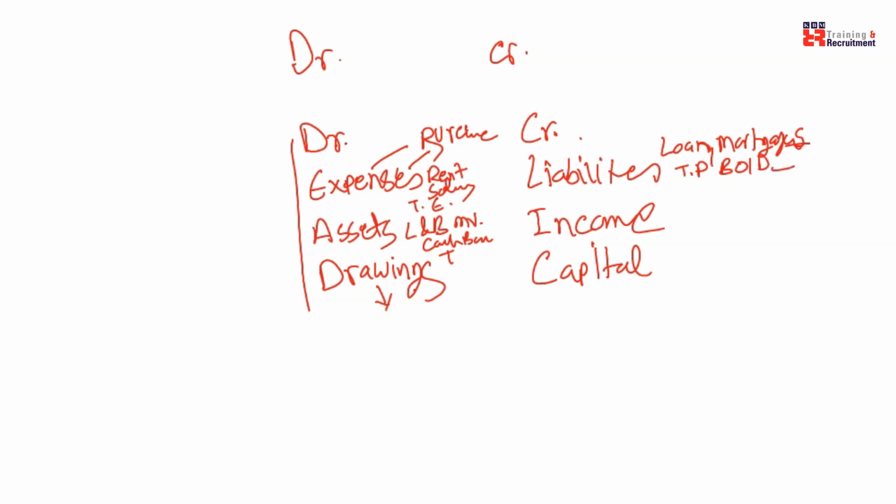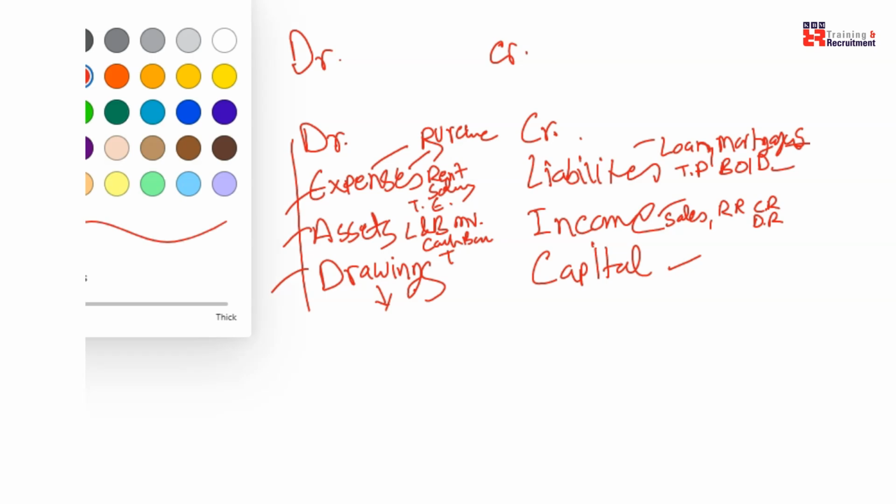Income, think about sales, rent received, commission received, discount received. These are your income items. Capital, money introduced by the owner into the business. Now usually asset, expense, and drawings are debit, liability, income, and capital are credit. You remember the dead click, life would be easy.